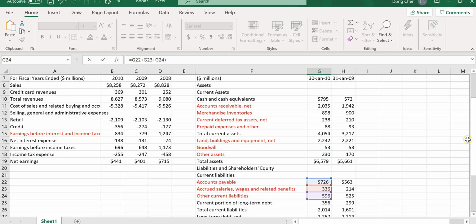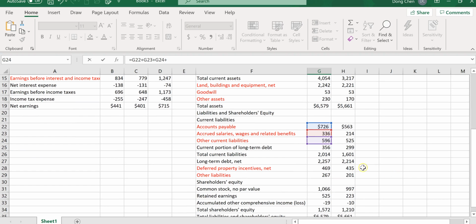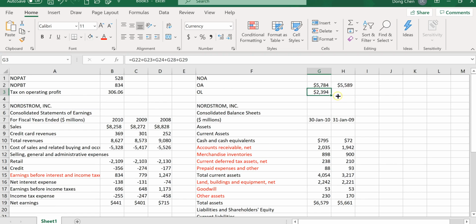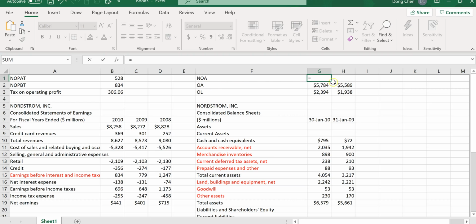And then deferred, and then other liabilities, and that's the operating liabilities. And then we also pull the cell to the other year. So now we can take the difference of these two numbers to calculate the net operating assets. That's basically the operating assets minus the operating liabilities, and then we pull the cell to the other year.